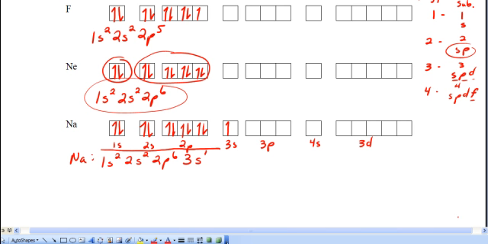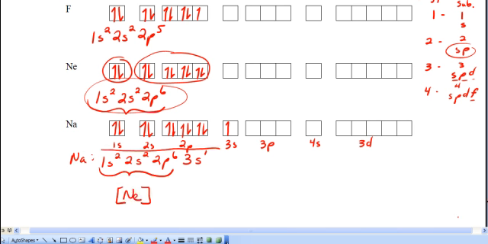Electrons that are in inner energy levels are shielded, and so they're not actually used. And so what you can do is say, if you notice, 1s2, 2s2, 2p6 is the exact same thing as neon. We can abbreviate this by saying that sodium has a neon core.